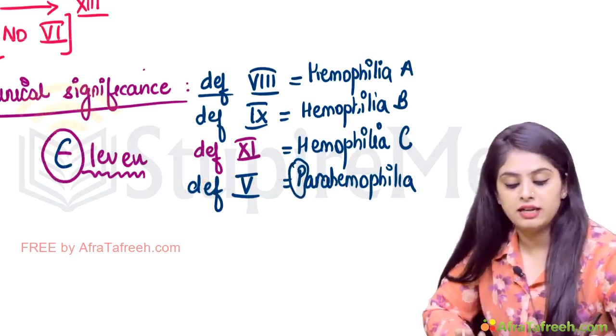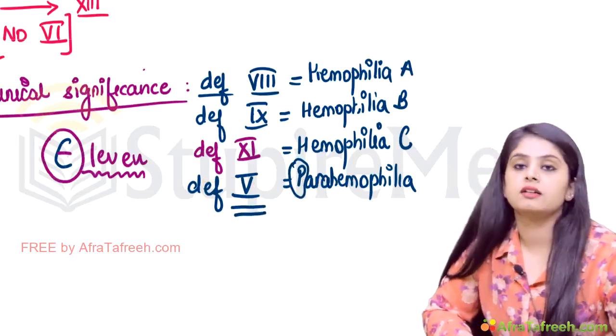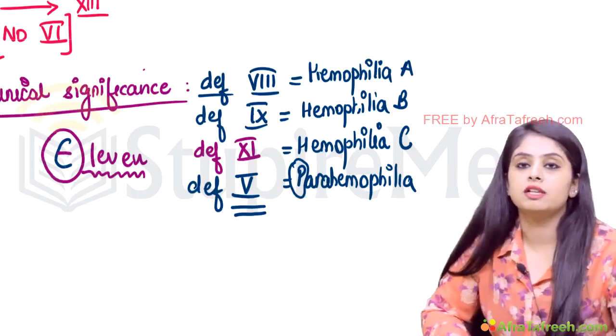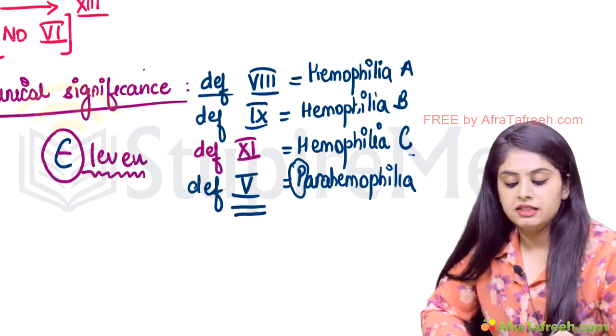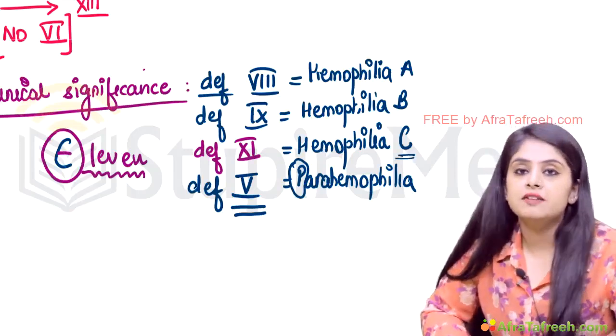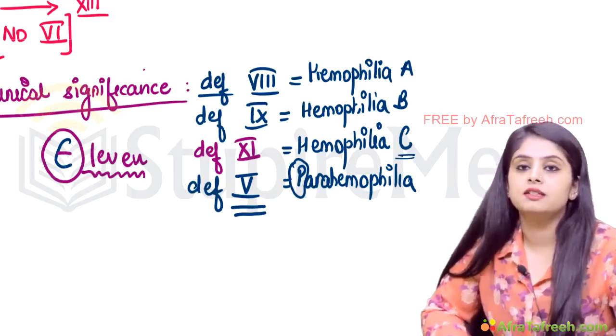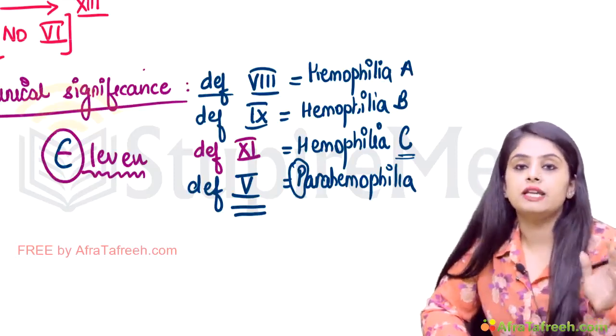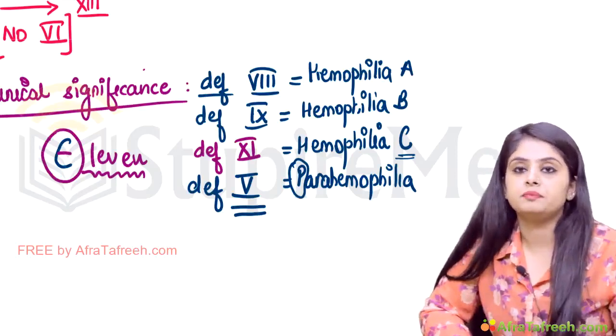So P for that and P for para. So deficiency of factor 5 becomes parahemophilia. Convert the C into an E. So deficiency of 11 becomes hemophilia C. What we already know, hemophilia A and B are deficiencies of 8 and 9 respectively.